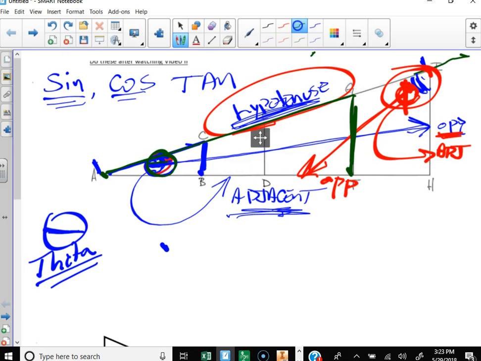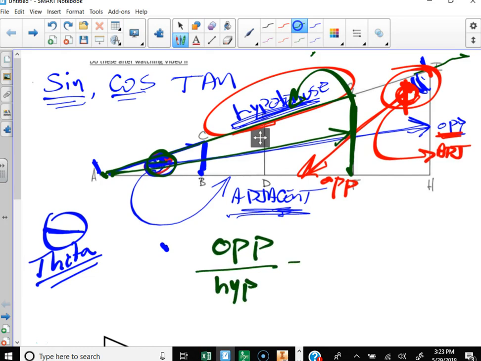If you're standing here at theta, what would that be? That would be the opposite side over the hypotenuse. That gets a special name. That is the sine of the angle. So the sine of an angle is opposite over hypotenuse.